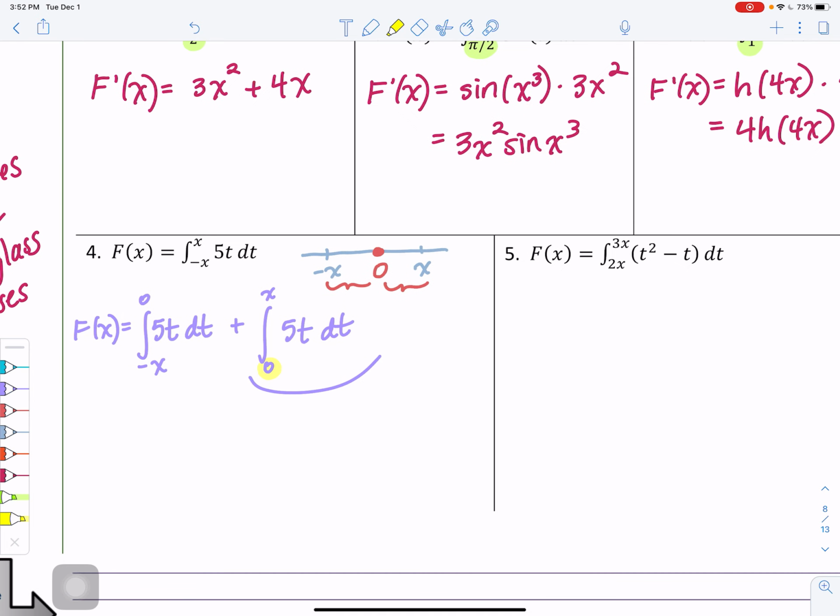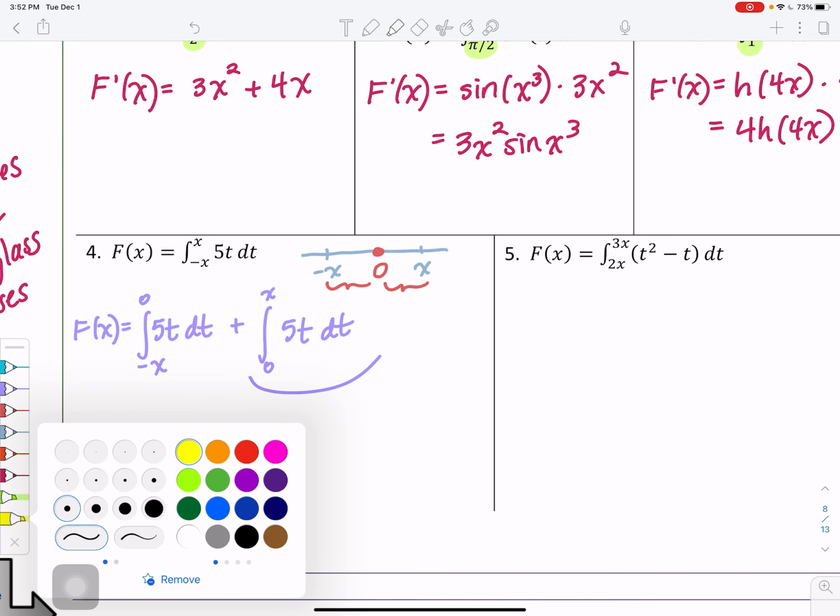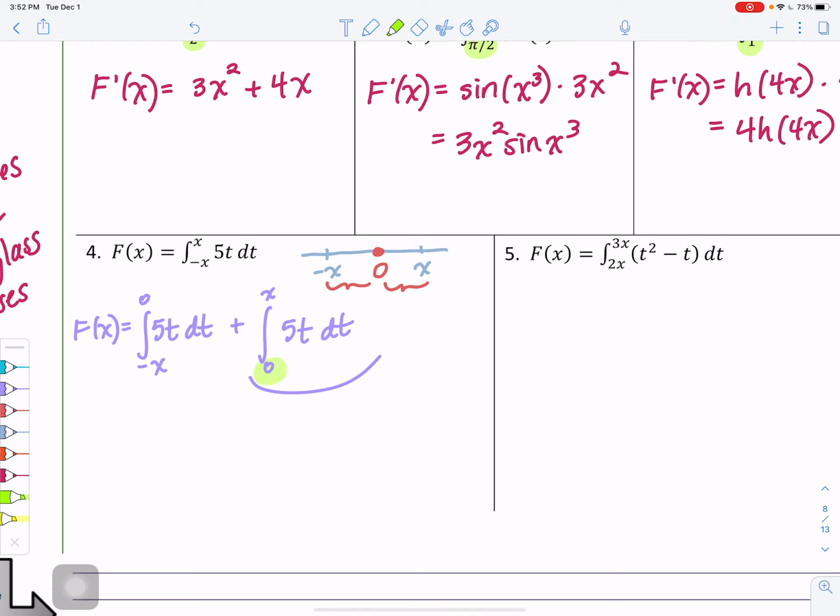But how about on this first integral? It is not. So we need to rewrite this as the opposite of the integral from 0 to negative x of 5t dt plus the integral from 0 to x of 5t dt.